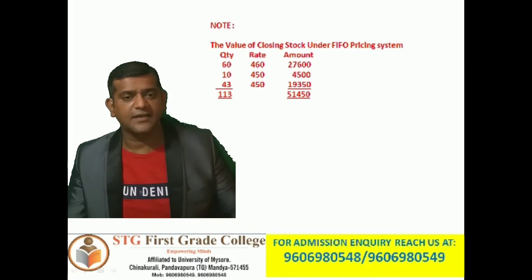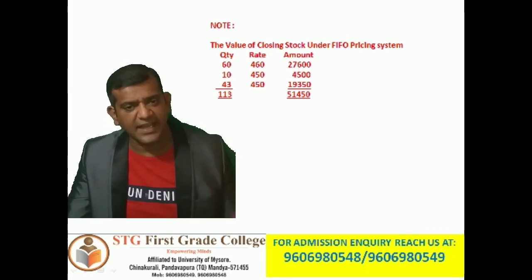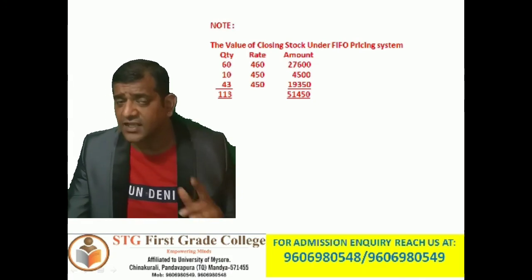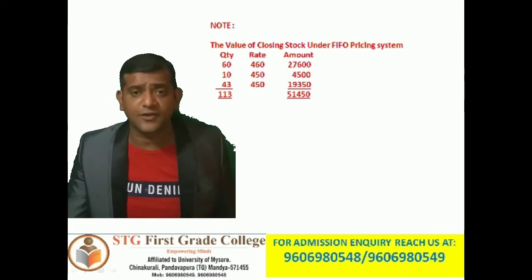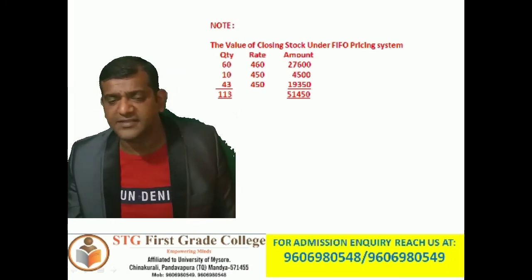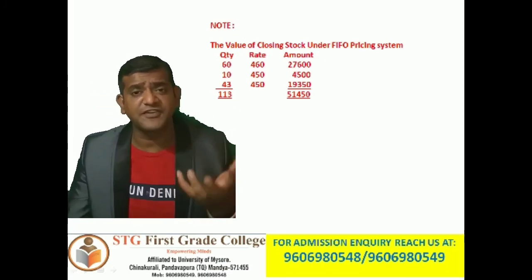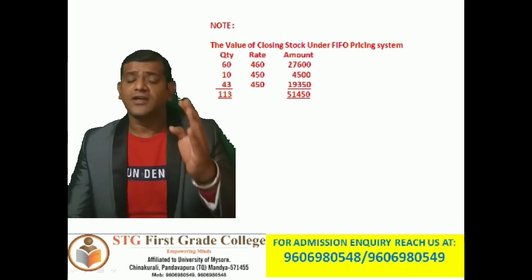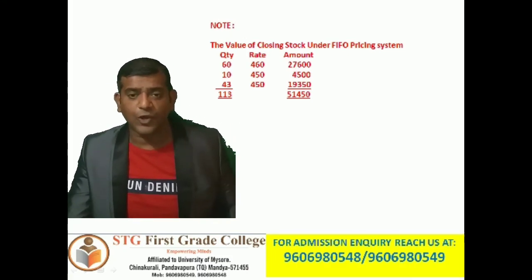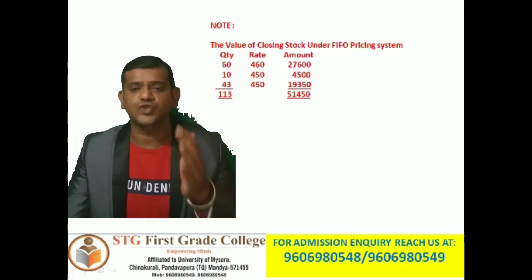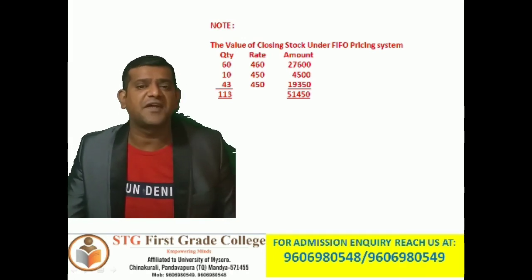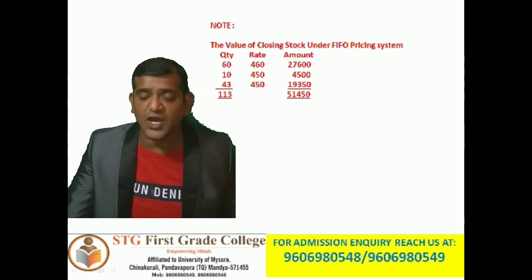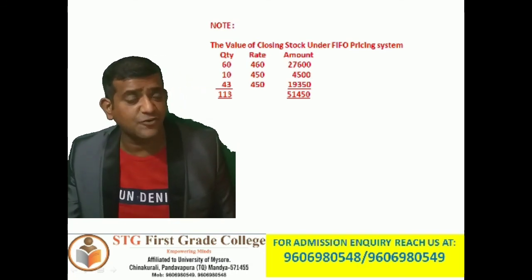So when you add the quantity 60, 10 plus 43 tons put together, it is 113 tons, which should be equal to FIFO method closing stock. And the amount obviously varies because the prices of issue and prices of receipt will always vary on the basis of the pricing principle which we follow. So the amount value comes to 51,450 rupees. So that is the ultimate value of the closing stock under last in first out method.